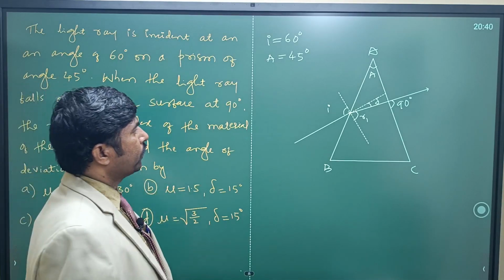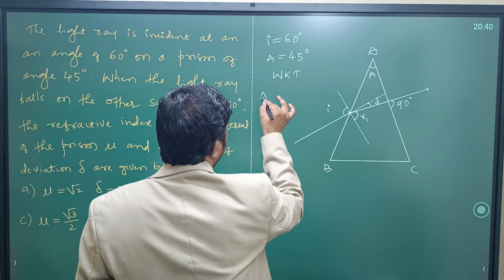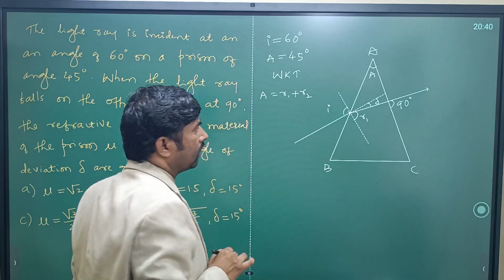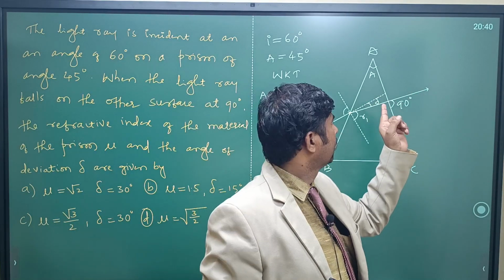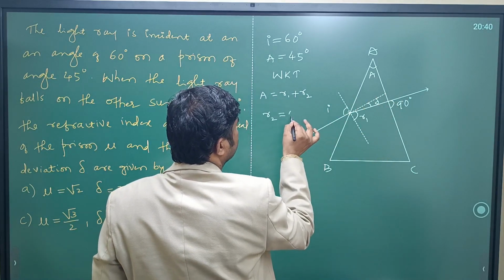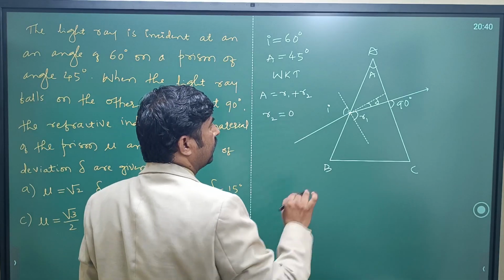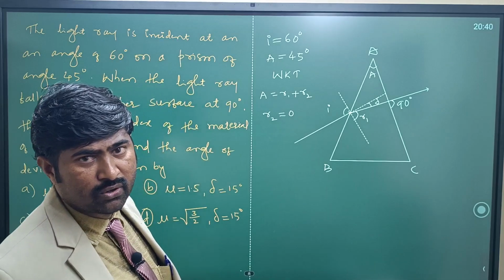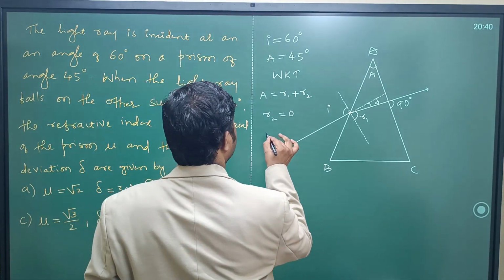So you know that we can write angle of prism as R1 plus R2. Now what happens here, as the light is going through straight, there is no R2 value here, R2 value is 0, and then you can consider angle of emergence is also 0.